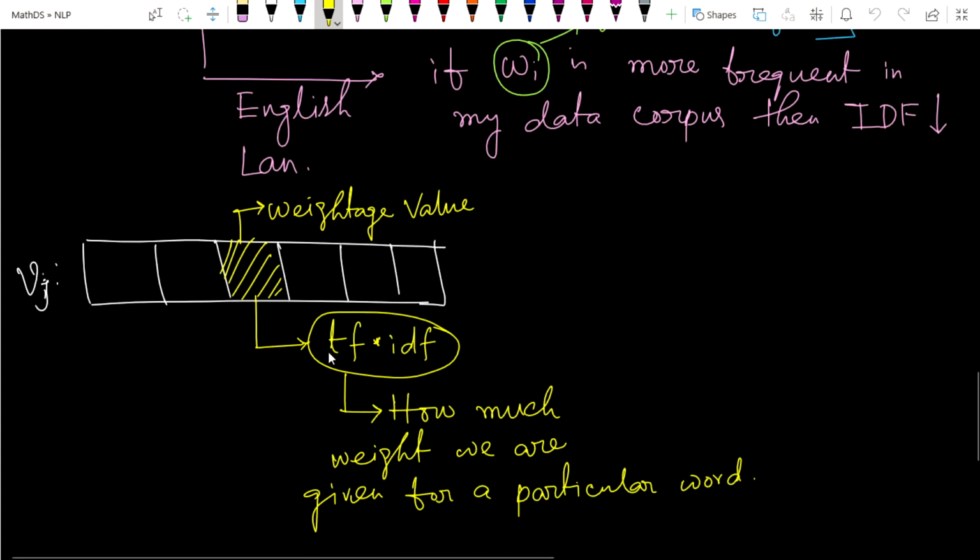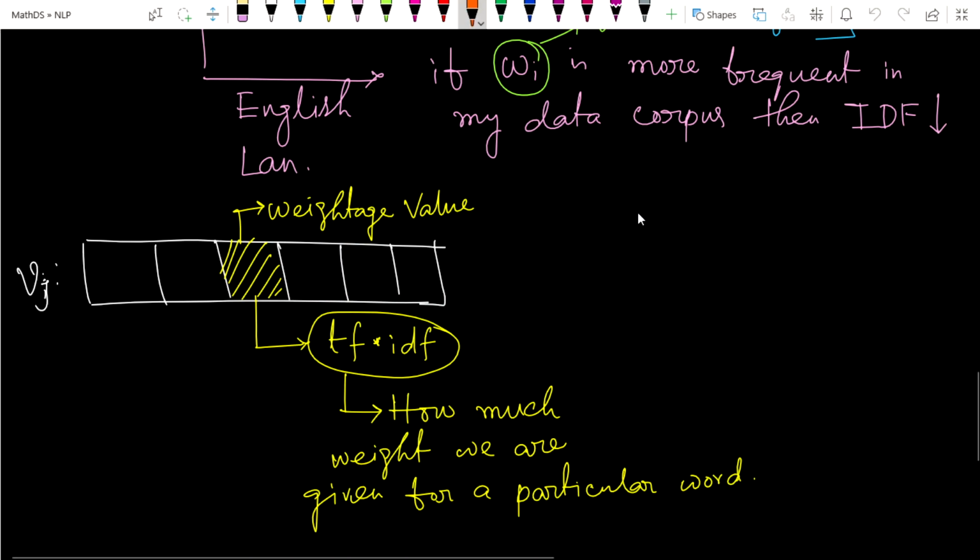So TF helps us by giving more importance to a word that repeatedly occurs in a single document, and IDF internally helps us by giving less importance to a word that repeatedly occurs in the whole document collection.